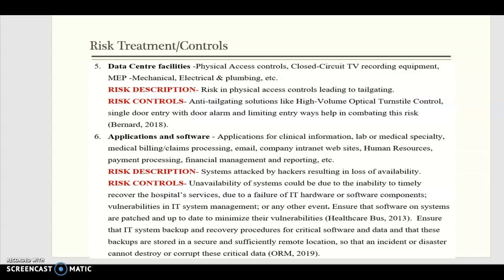Hence, we need to ensure that the systems are all patched and up to date to minimize the vulnerabilities. Ensure that the IT system backup and recovery procedures for critical software and data is available, and backups are stored in a secure and sufficiently remote location so that in case of an incident or disaster, the data can be restored easily.